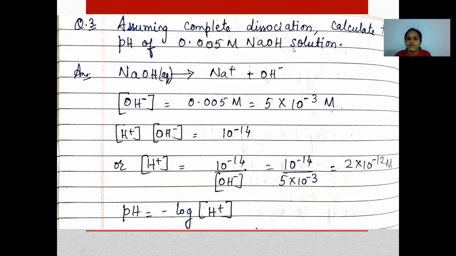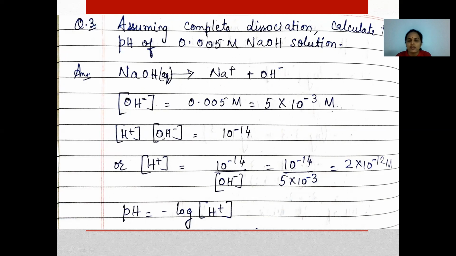So here if NaOH solution is given, we get the OH minus ion concentration. So OH minus ion concentration given here is 0.005 molar. When I convert this to scientific notation, it becomes 5 into 10 raised to minus 3 molar.